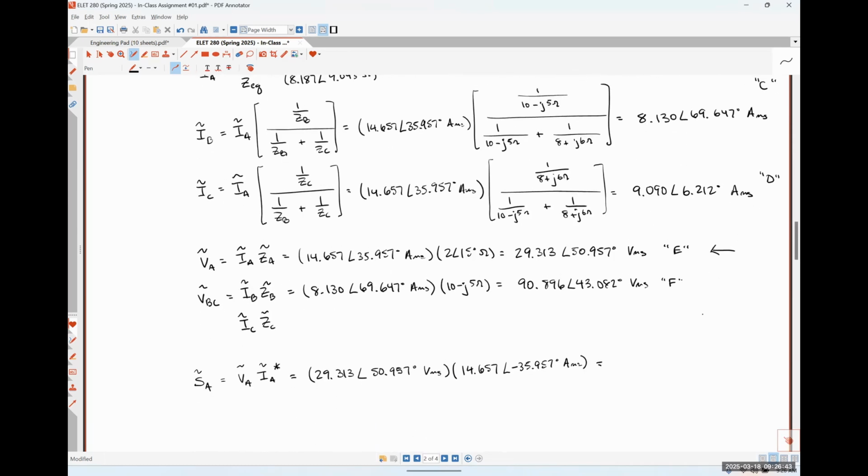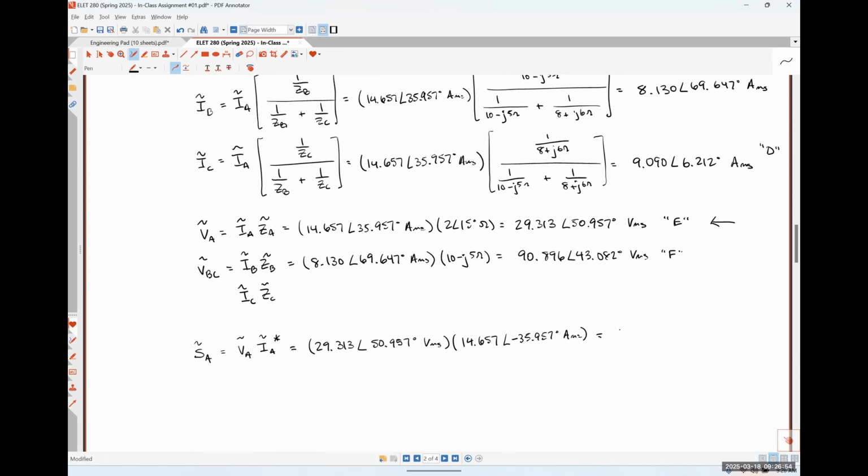So times conjugate of B, and I got 429.629 with an angle of 15 degrees, volt amperes, in polar form. And I'm now going to convert this result into rectangular form.